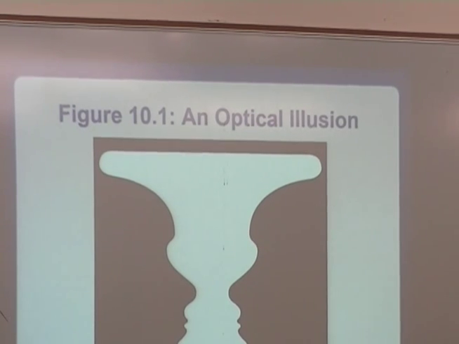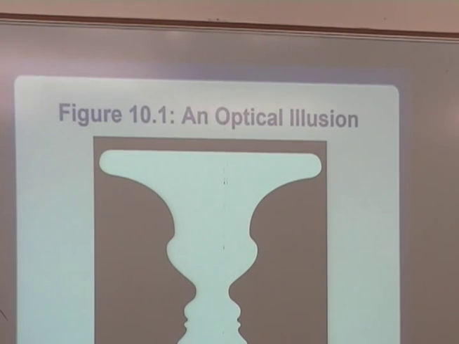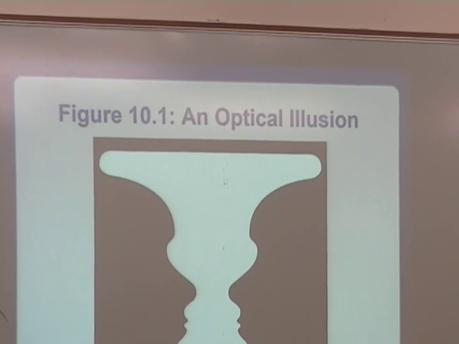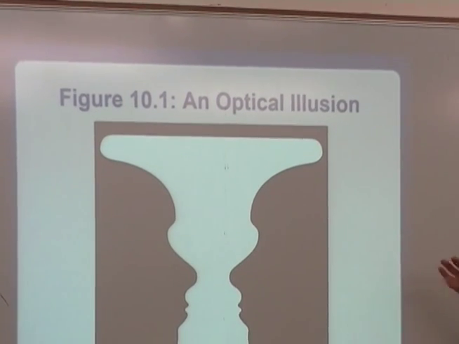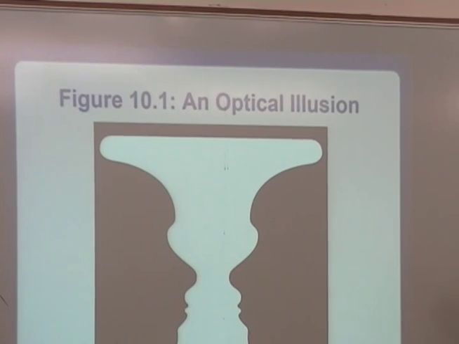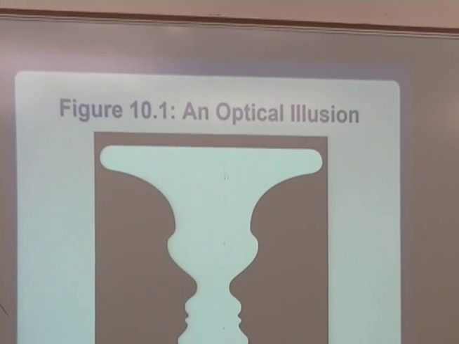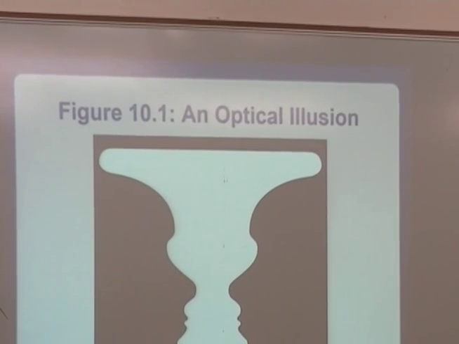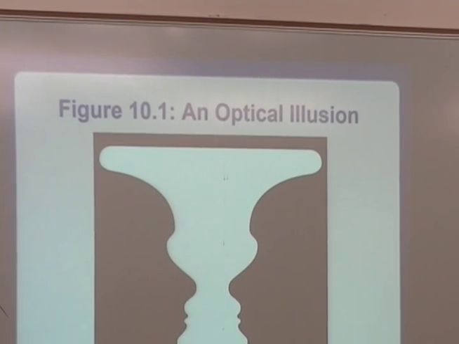Now if you look at it for long enough, and you get enough experience with it, a lot of you can get to the point where you can switch backwards and forwards between two black faces or a white vase. Some people can't actually ever get to that, right? But a lot of people can switch back and forwards if you look at it for long enough. But the important thing is it's the exact same piece of information, and yet some of you saw one thing and some of you saw something else.